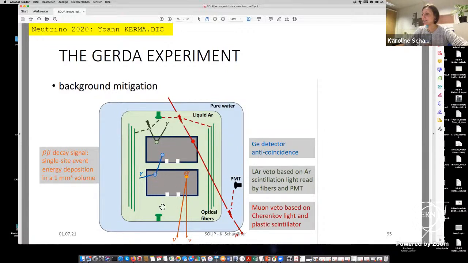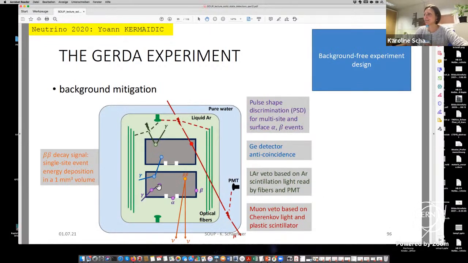And you can use this anti-coincidence cut to remove such kind of background. And then, you can even do what is called pulse shape discrimination. Because the crystals are quite massive, if you have a gamma interacting more than once in your detector, you also see this by doing this pulse shape analysis.